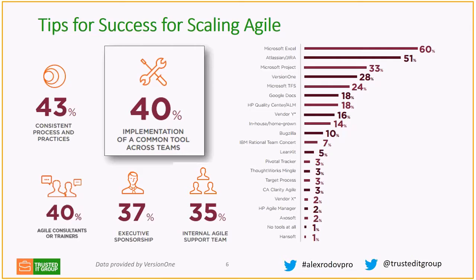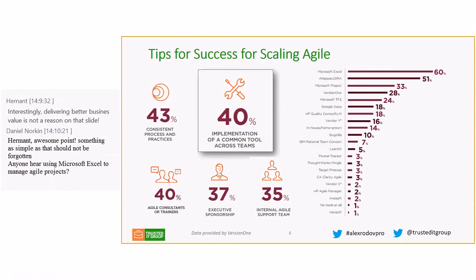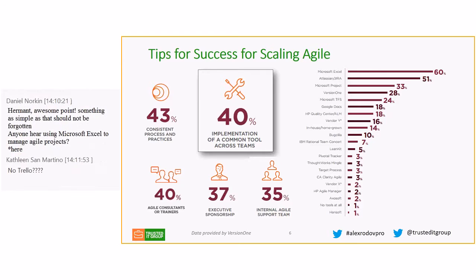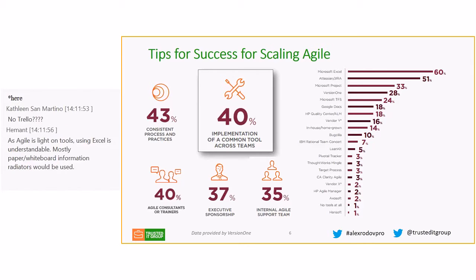We didn't have any weight on any of these results. Provided by Version 1, in fact, Version 1 is number 4 on this scale. Which means that everyone who worked on Excel, they can tell that Excel spreadsheet hell may get you in trouble very, very quickly.